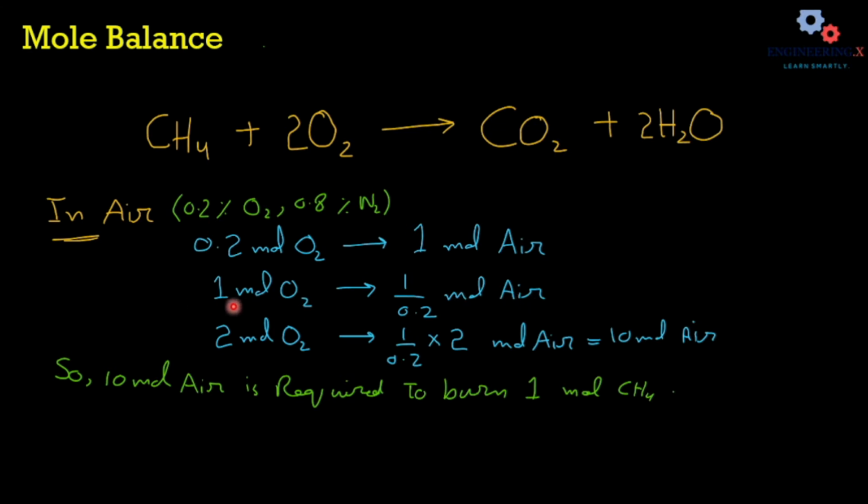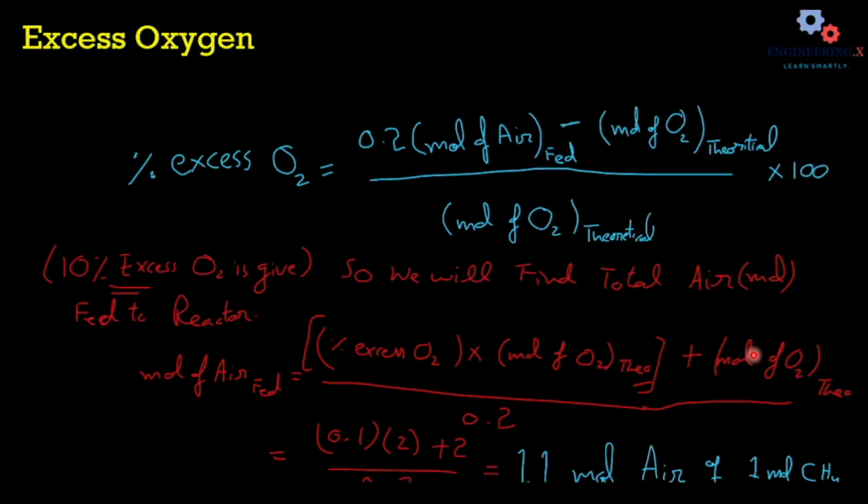For that we have to divide both sides by 0.2, and the 2 mole of oxygen will be present in 10 mole of air. Okay, so 10 mole of air is required to burn 1 mole of methane if we talk in terms of air. So let's move further.